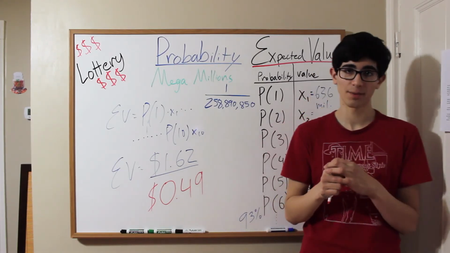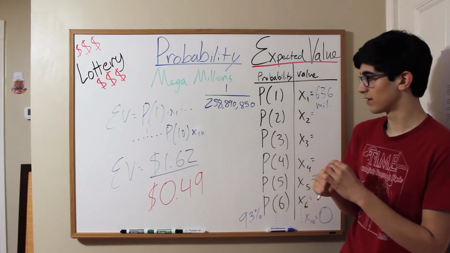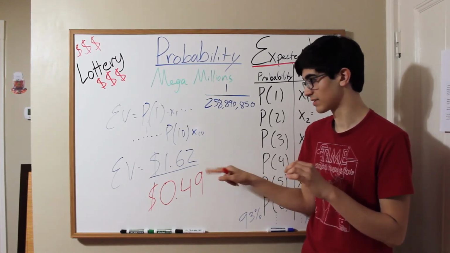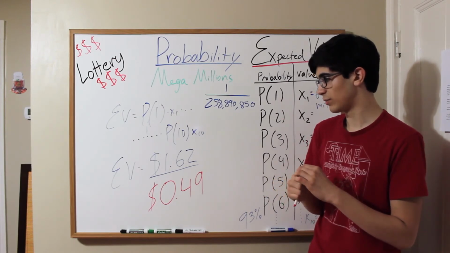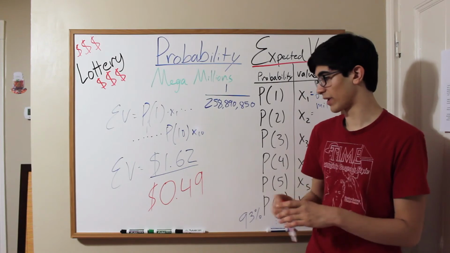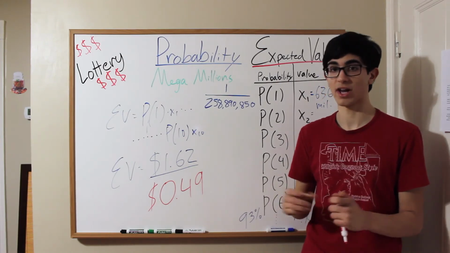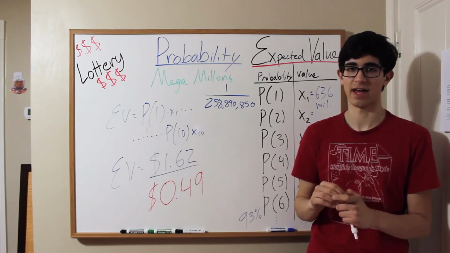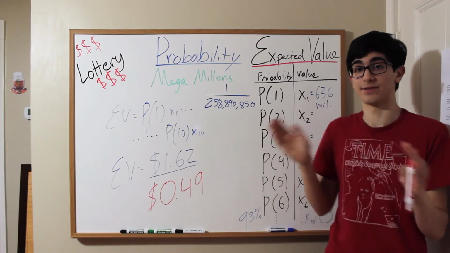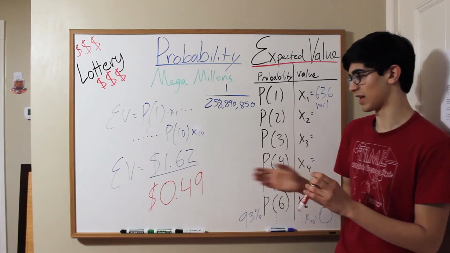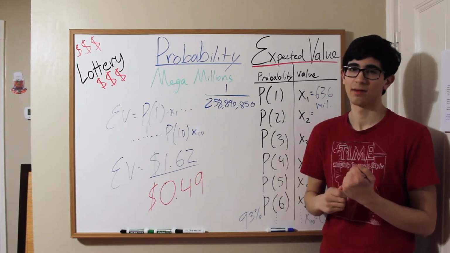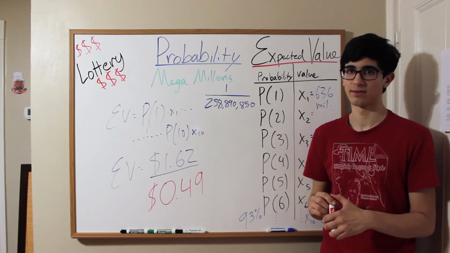Now, it's still a viable option, but the profits you get are not nearly as satisfying as $1.62, and because we compensated for the $1 that you spent buying the ticket, this 49 cents is not even half of that. So getting a profit that's not even half of what you invested, and if you bring this to the millions, investing millions of dollars, getting a profit of not even half of what you invested is not something that's worthwhile, and that's why people don't really invest in the lottery.